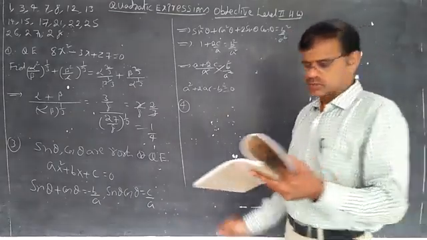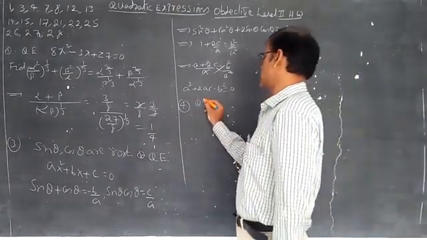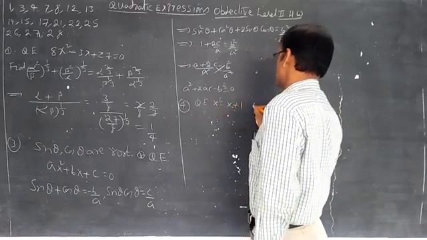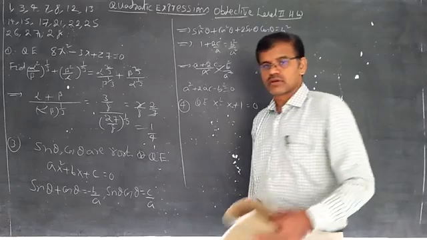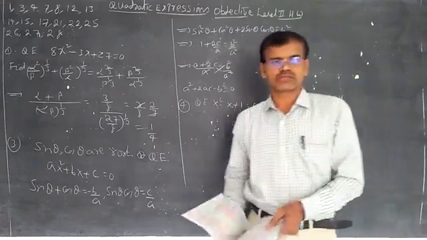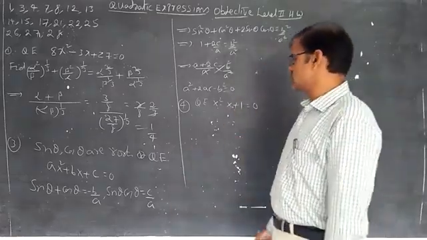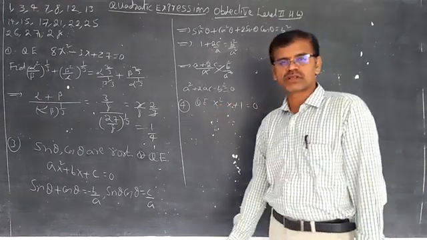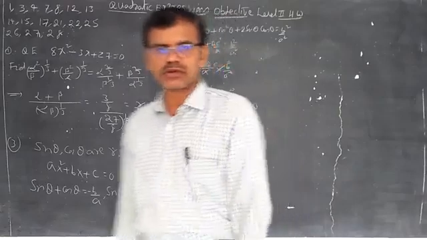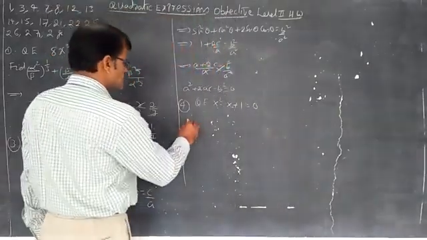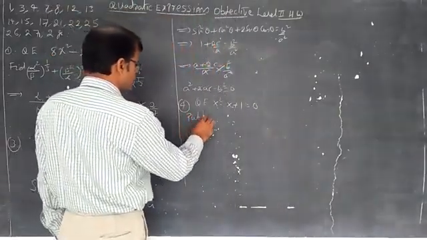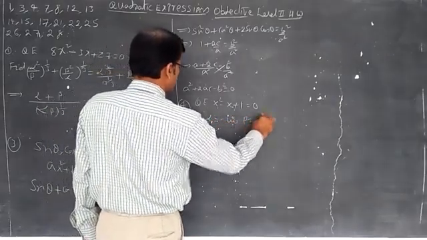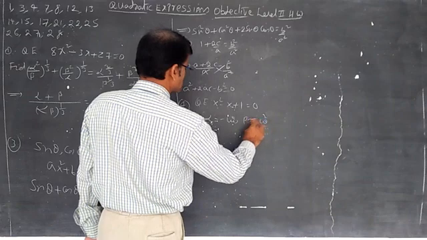Now the fourth question. Alpha, beta are the roots of the quadratic equation x square minus x plus 1 equal to 0. Whenever we know about complex numbers or De Moivre theorem, you can say this answer easily. Of course, 1 plus omega plus omega square equal to 0. Now substitute alpha equal to minus omega, beta equal to minus omega square.